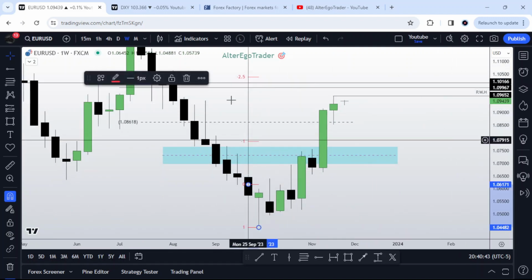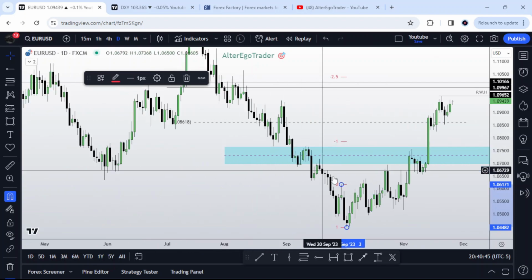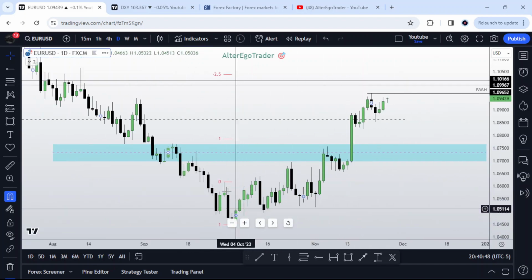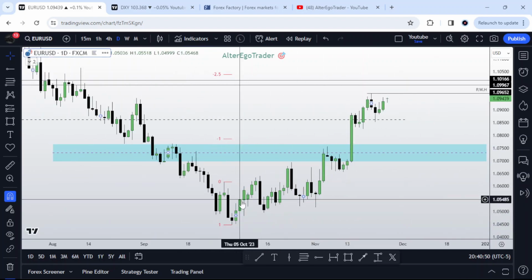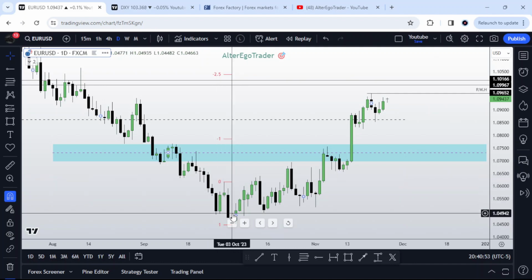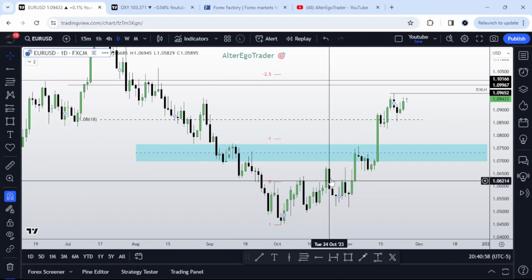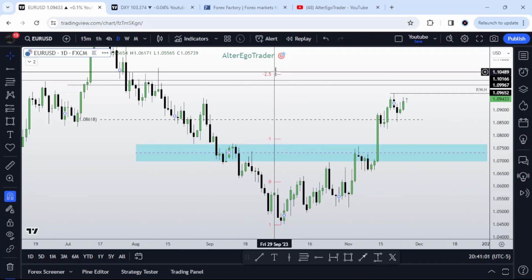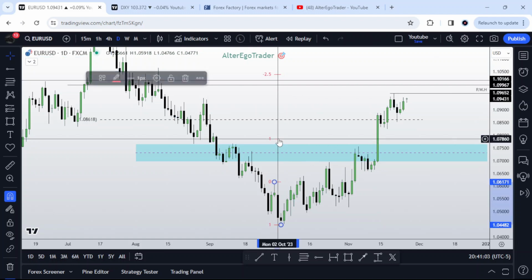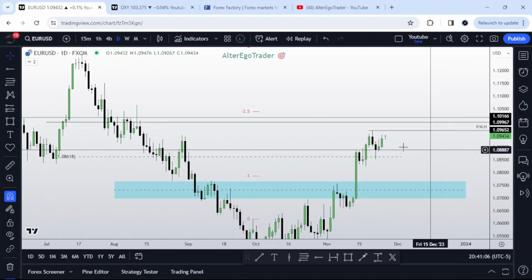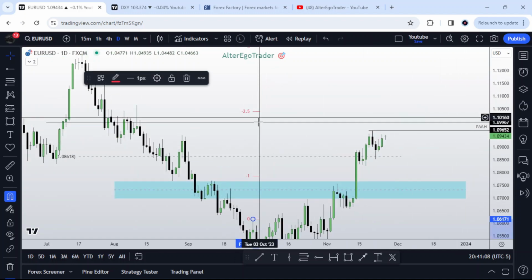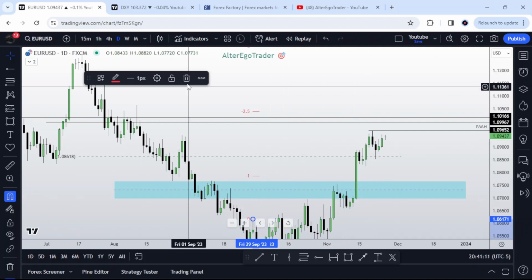And I'll show you what this deviation is from. Well, it's from this swing low, right? This last price swing led to the run on stops here and the reversal. So that, you know, one standard deviation, 2.5, right?